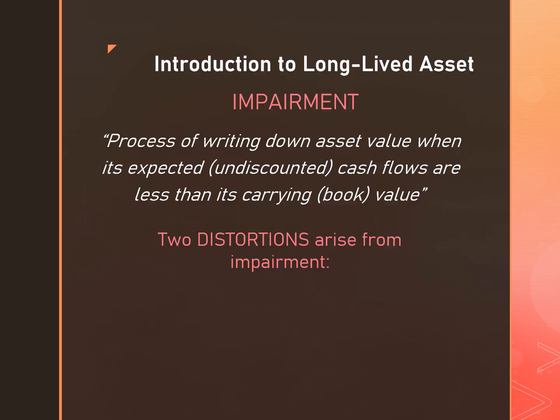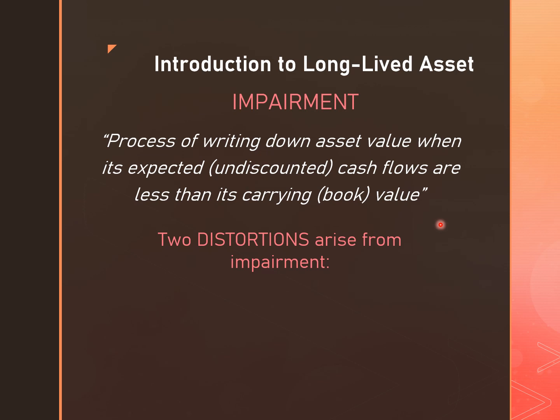Okay. Next, we're going to look at impairment. So, impairment adalah process of writing down the asset value when its expected cash flow are less than its carrying value. So, impairment adalah apabila the expected outcome ataupun cash flow daripada aset tu lebih kecil daripada dia punya carrying value ataupun book value.